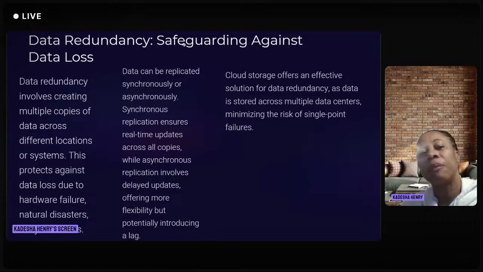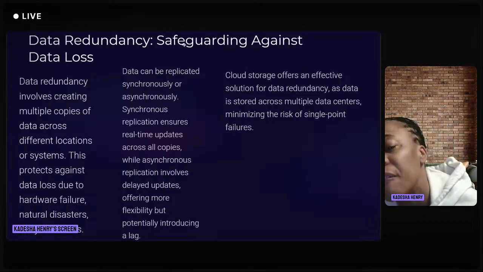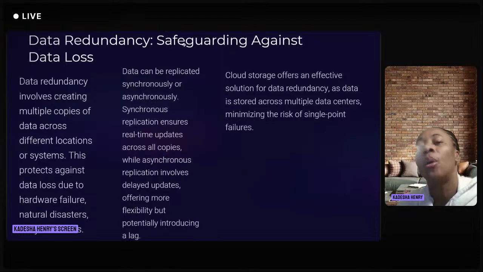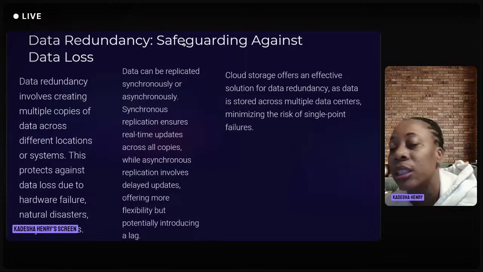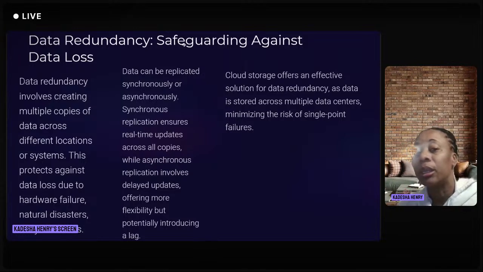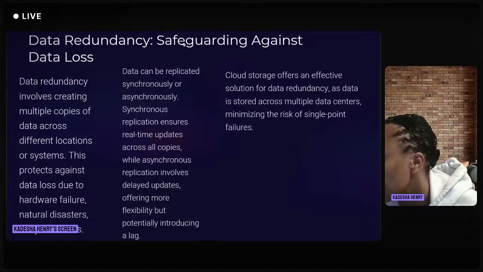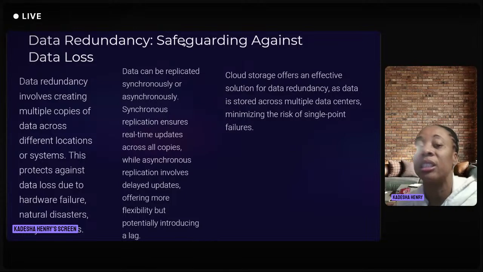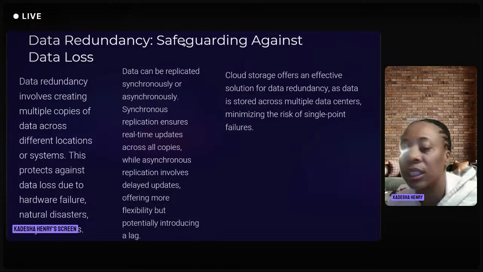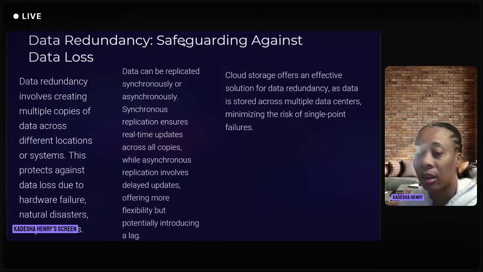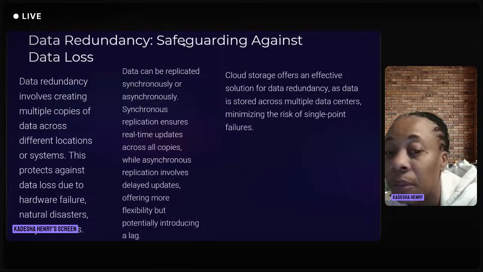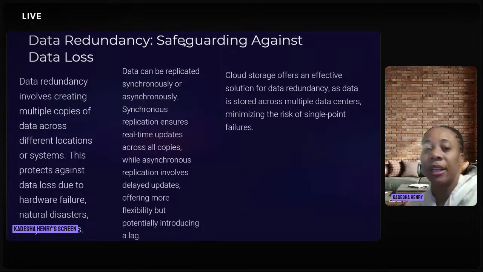One of the concepts we talked about is high availability, and how important it is that we have systems in place that will help back up just in case there is a disruption, a disaster, or a cyber attack. We must have systems in place that will prevent all of that.